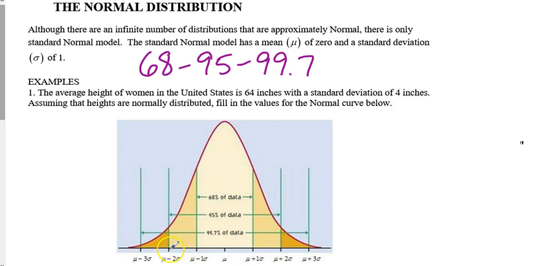Plus 2 to minus 2, within two standard deviations, remember, this is our sigma, our standard deviation, 95%. And then if you want to go out 3 standard deviations, that's pretty much everything. That's 99.7% of the data.